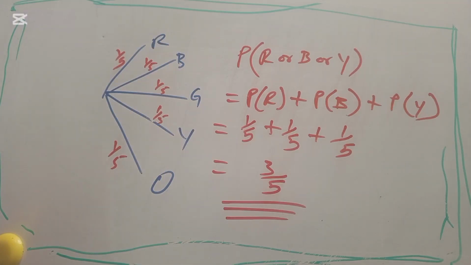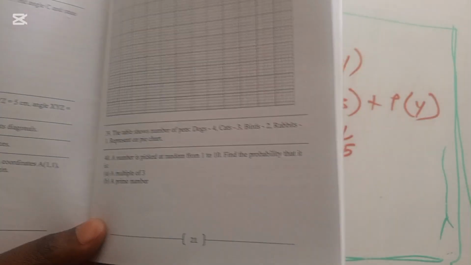Let us look at another question on probability and see whether we can apply what we have learned there. So paper 2, sample paper 2, question 20 is statistics, so let us go directly to question 40.